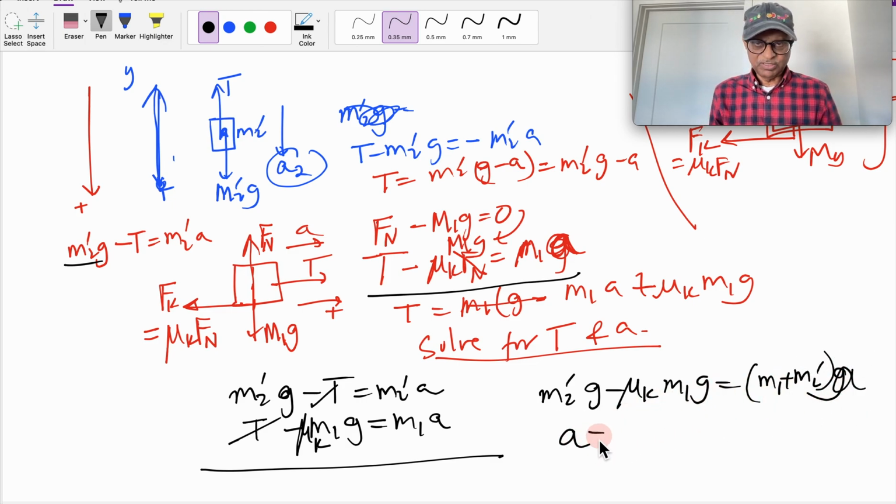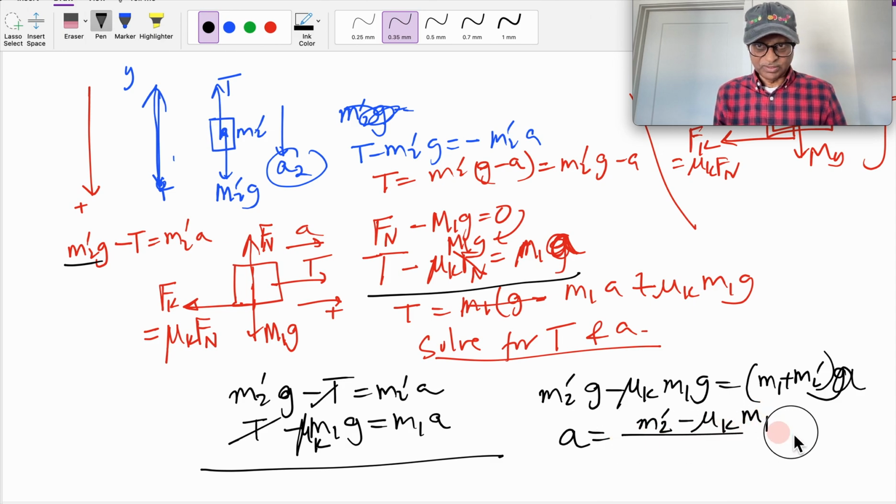So the a you immediately get is M2 prime minus mu k M1 over M1 plus M2 prime, times g.